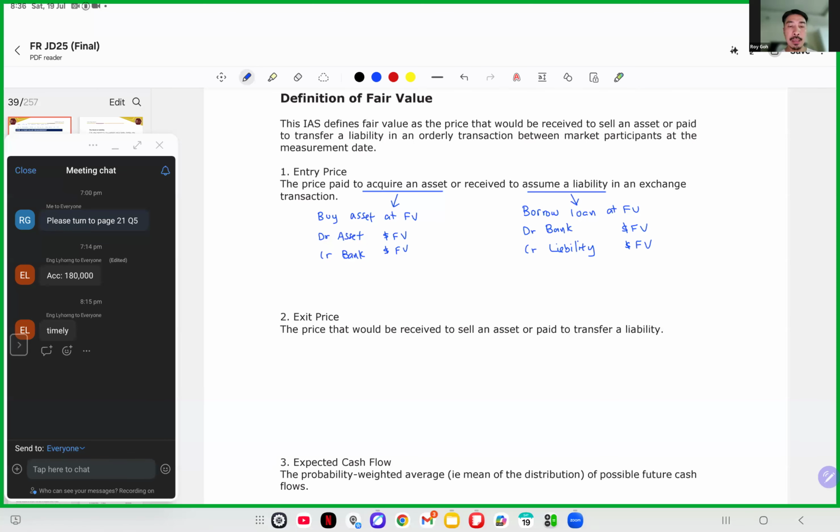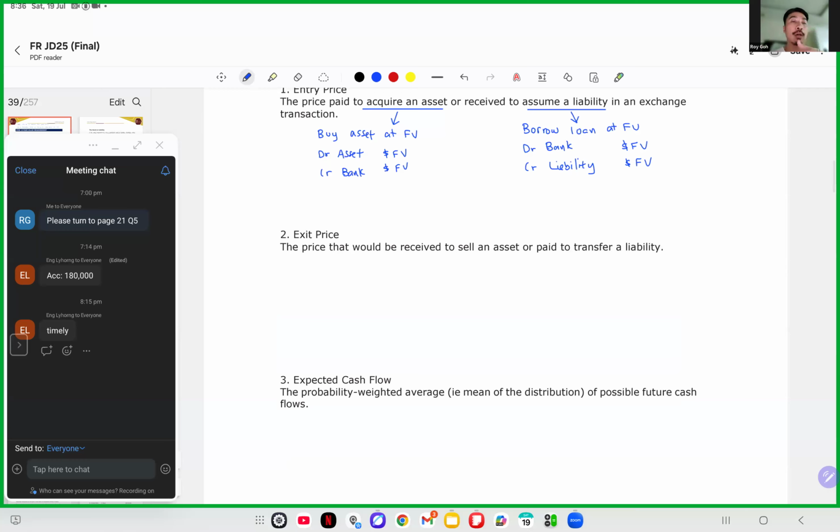Okay, good. Exit price is the opposite of entry price. I settle a liability. I sell my asset. Okay, so here and here, two different things. I sell an asset. Like I said earlier, as the seller, you hope to sell at as high a price as possible, but not possible. Why?